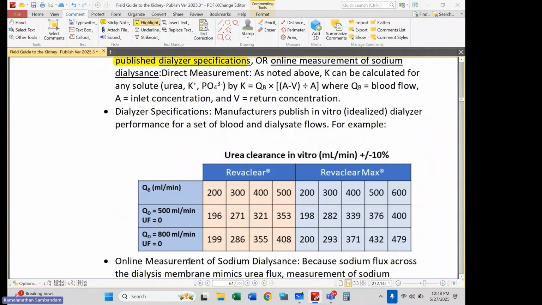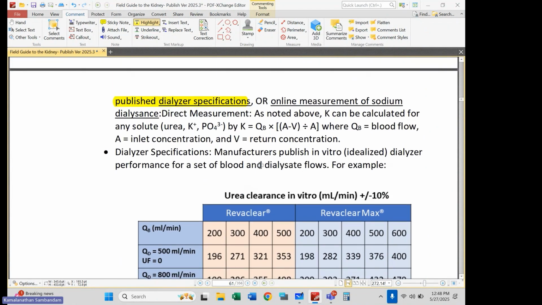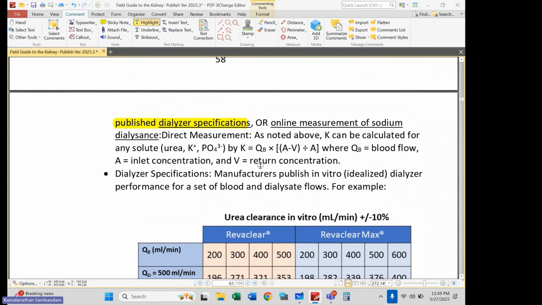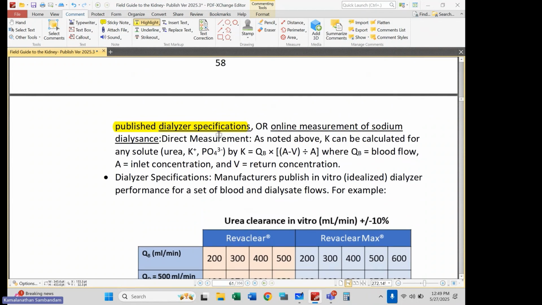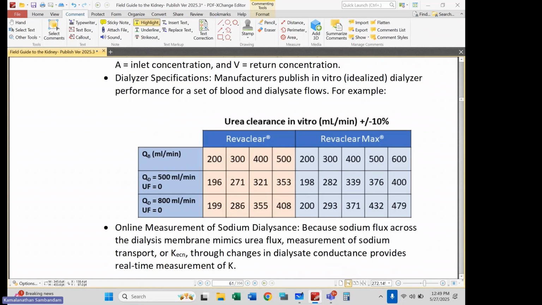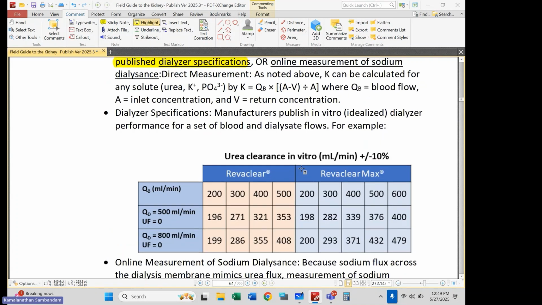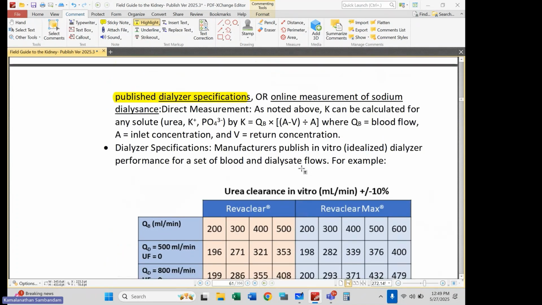So here are in vitro clearances that come from online resources or inserts for the dialyzer, right? So dialyzer specifications may allow me to predict a K. Remember, these in vitro clearances are going to be higher than in vivo clearances.